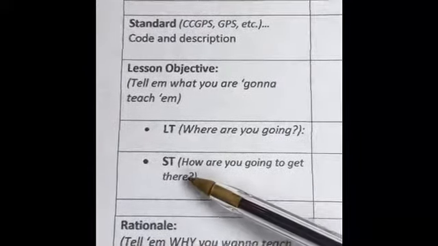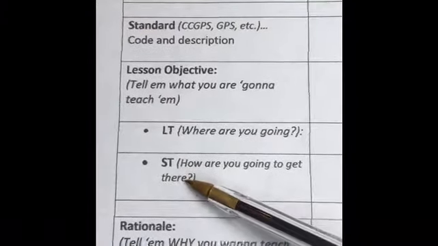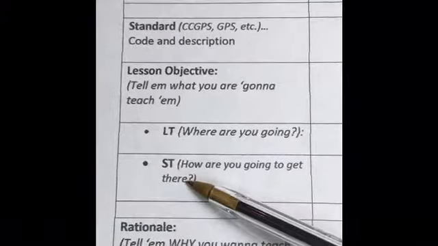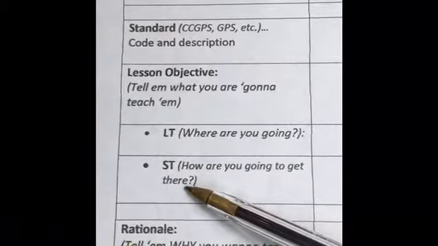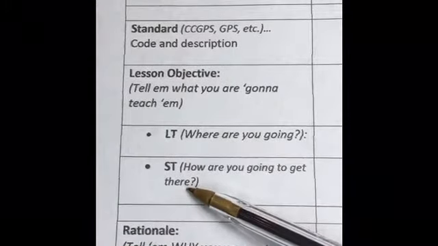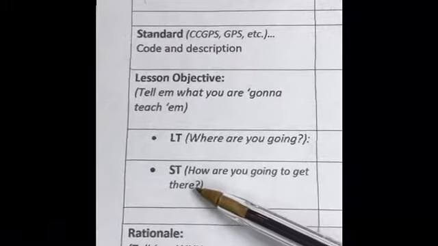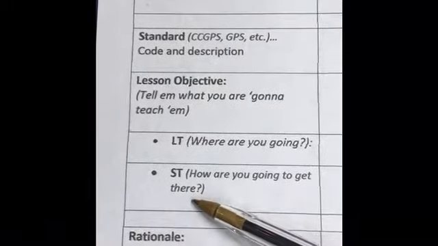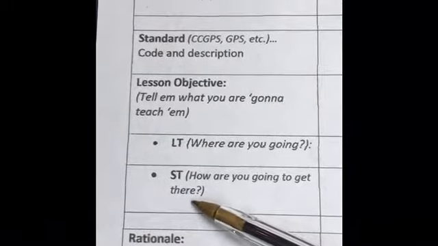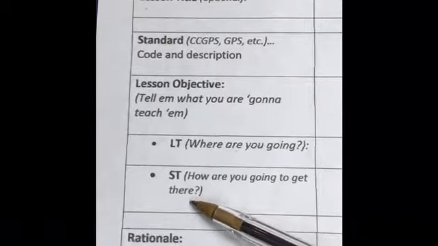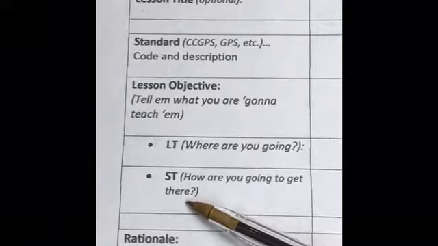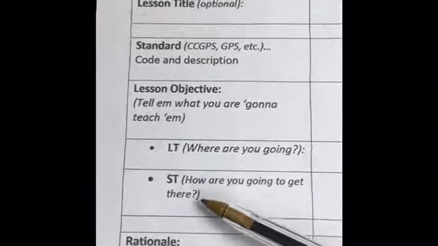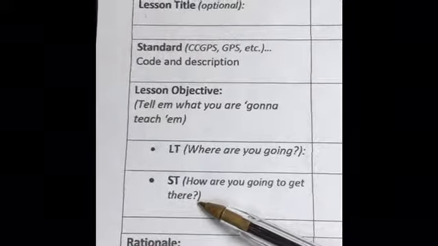It's specifically what you want them to be able to do by the end of that day's lesson. Not just we're going to cover chapter 1, paragraph 2, but whether you want them to be able to add, subtract, summarize, explain, whatever it is specifically that day that you want them to accomplish.